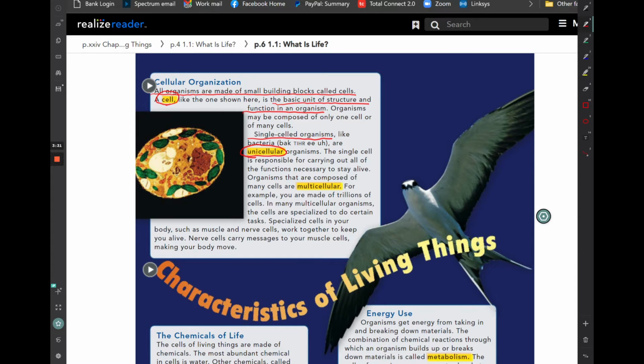Organisms that are composed of many cells, like you and I, are called multicellular organisms. So we are made up of trillions of cells, and they are specialized to do very specific tasks. So there are specialized cells in your body. You have muscle cells that perform different functions than nerve cells, but they all work together in order to keep you alive.